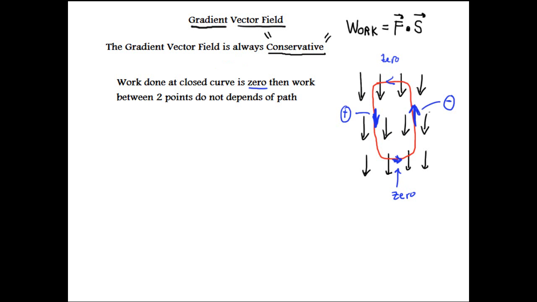And that means, let me put again the sketch of the gravity. Gravity is a beautiful example to indicate a conservative vector field. Suppose I want to find the work done between 2 points, 1 and 2.